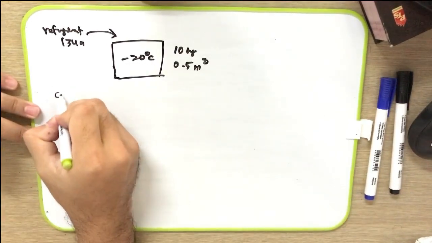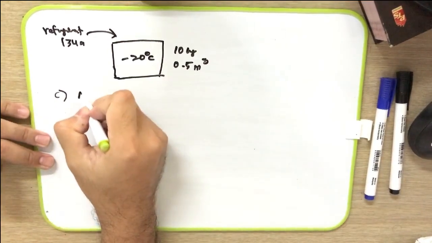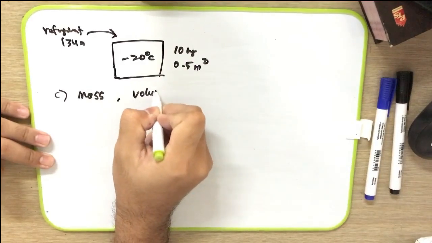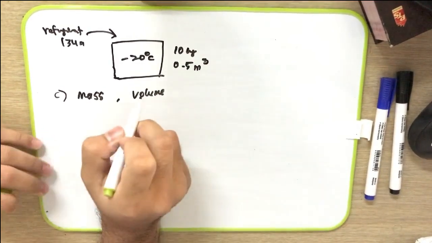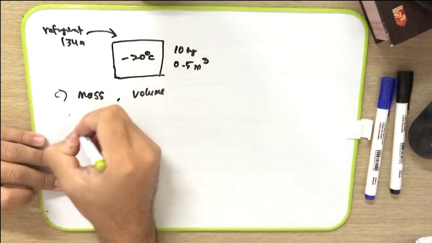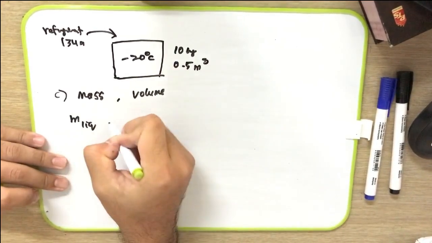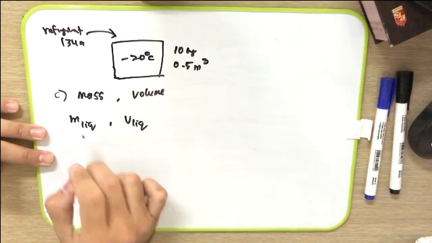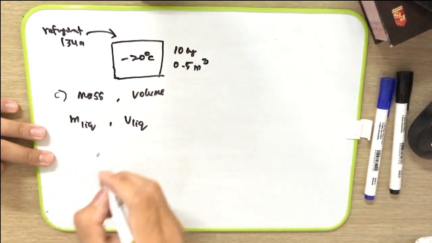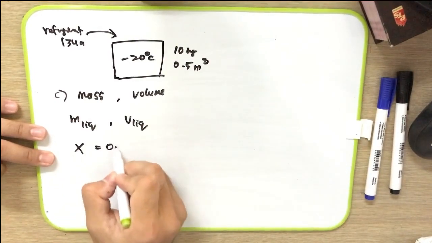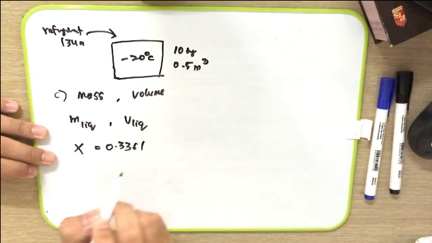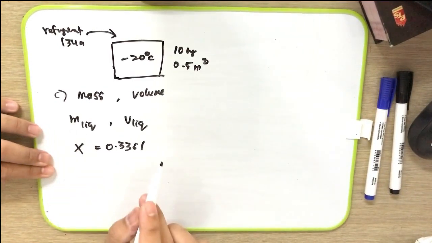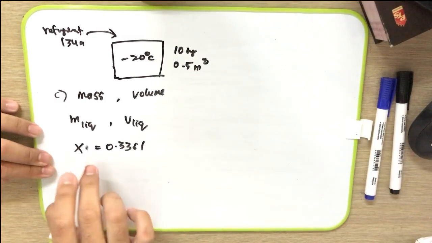Okay, next question C. We need to find the mass and also the volume of the liquid portion inside the vessel. So it means that we need to find M liquid and also V liquid. So how to find the M liquid? Just now we have found X, which is 0.3361, and X has a relation with M vapor and also M liquid.